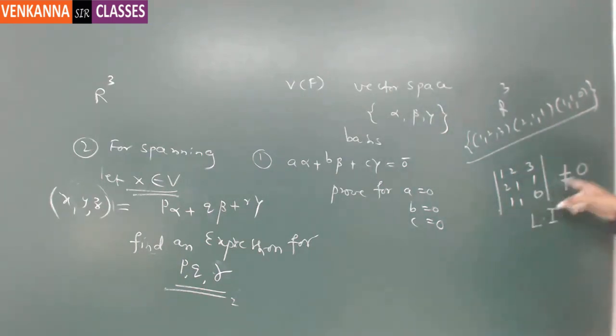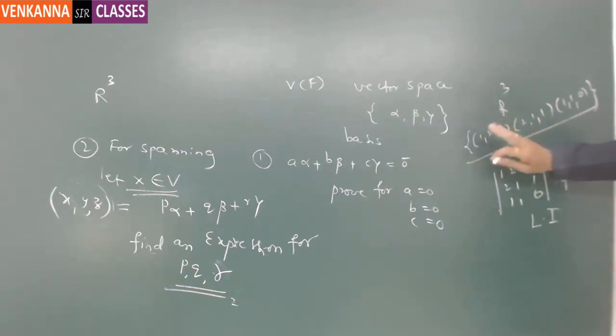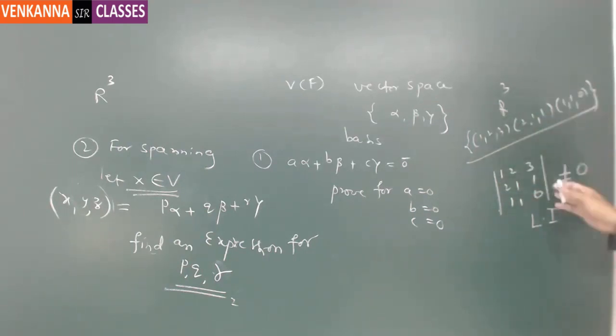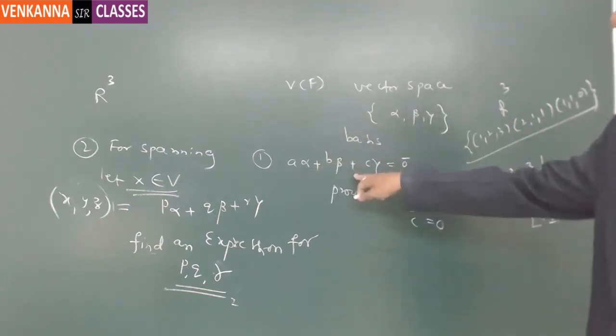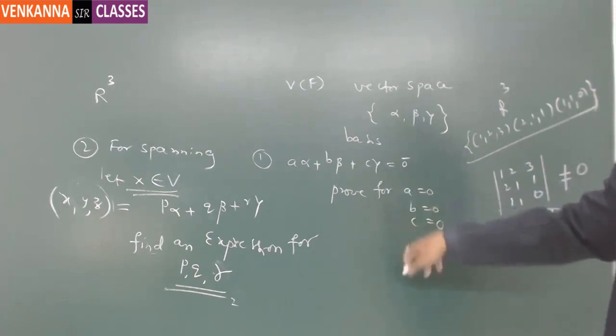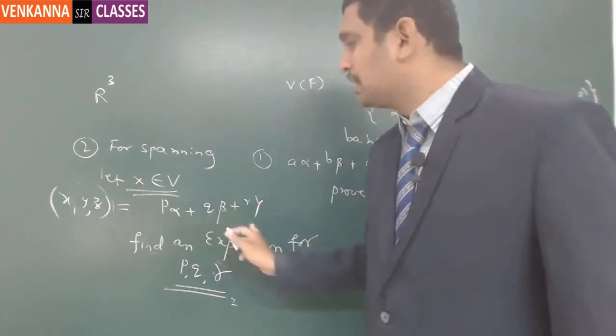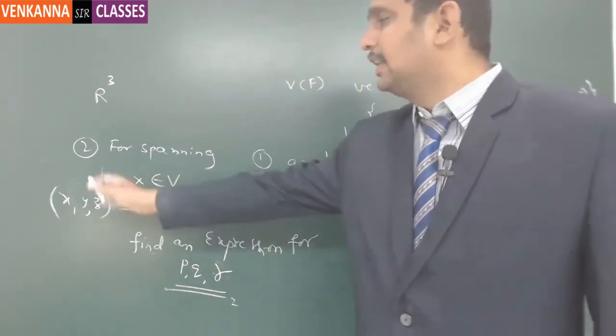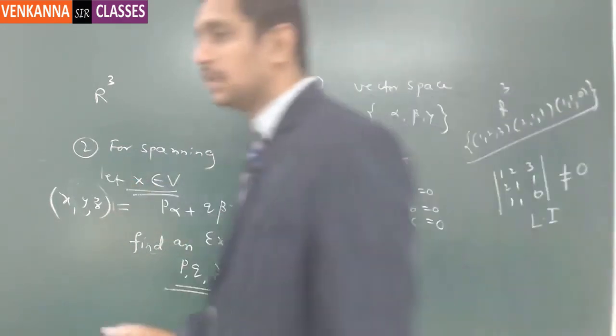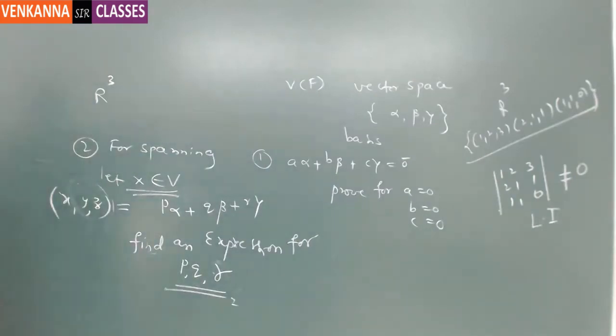If the determinant is 0, then it is linearly dependent. So this technique is applicable whenever you get a matrix form. Otherwise, we always stick to the definition: writing linear combination, proving that scalars are 0, writing linear combination and proving that the scalars have an expression in terms of x, y, z. That is the usual way. Okay. So for every problem, we do the same procedure.